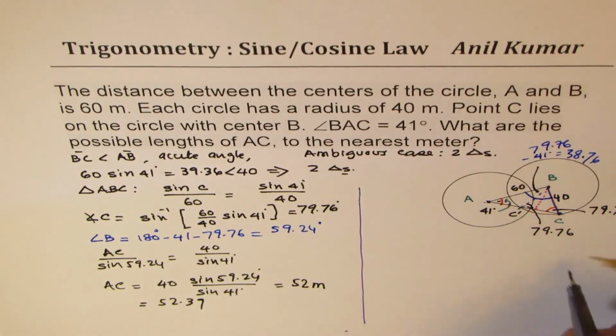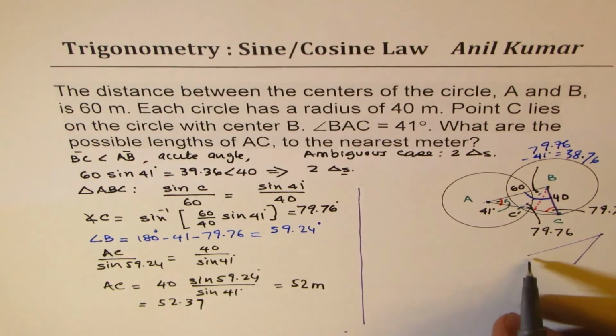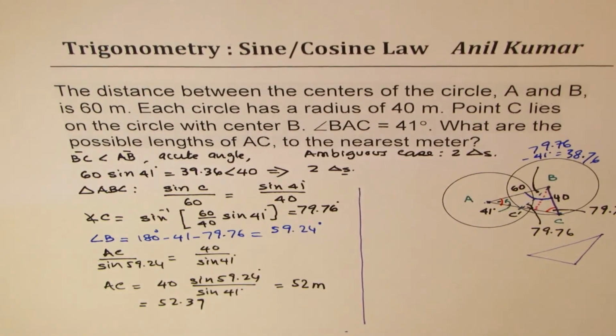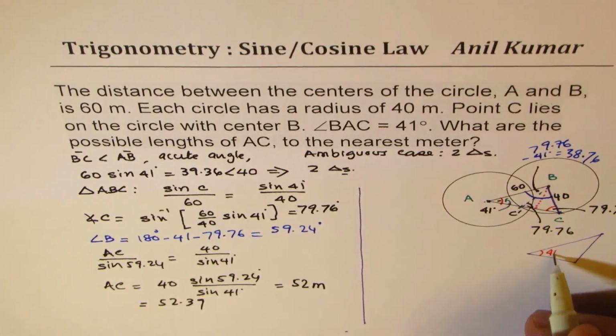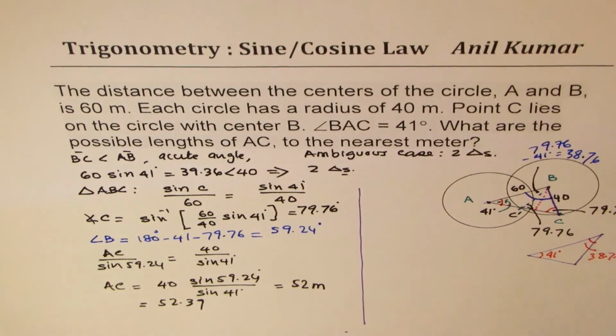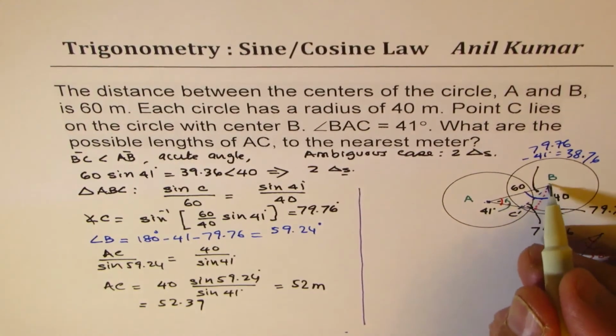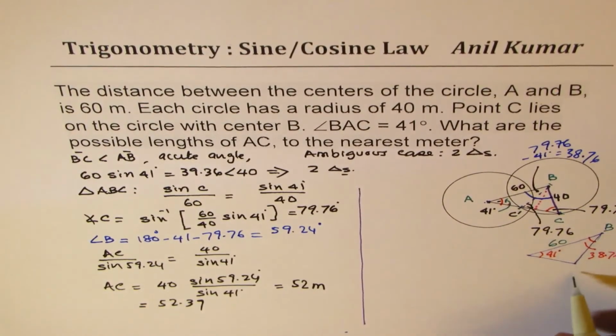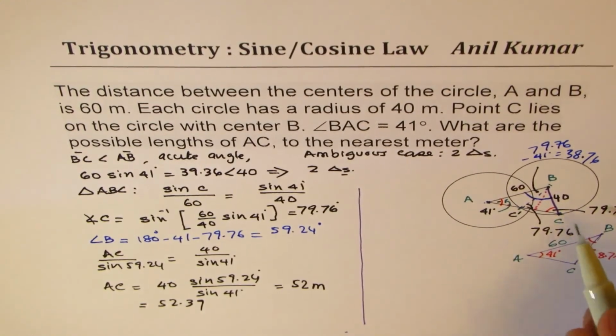Now we'll look into the smaller triangle. Here this angle is 41 degrees, and this small angle, which we just worked out, is 38.76. The sides given to us are 60, and the radius of the circle from B to C dash, which is the point A, 40. So this is 40 for us.